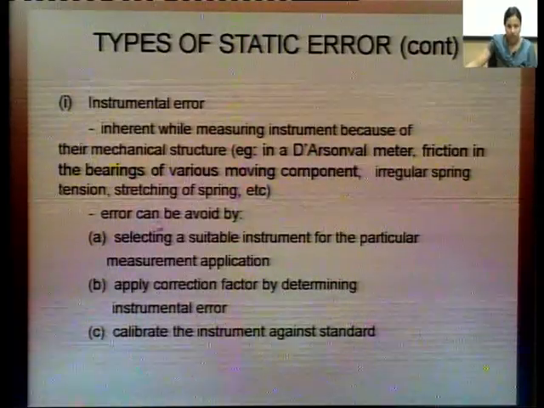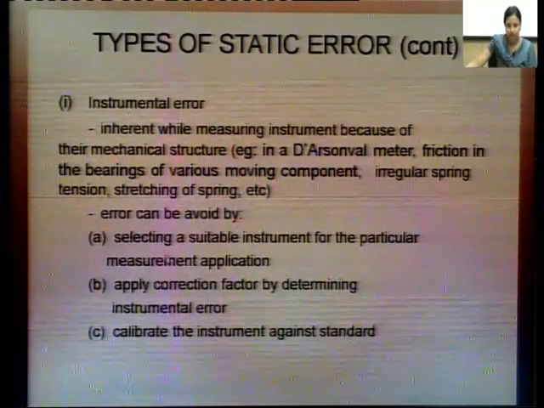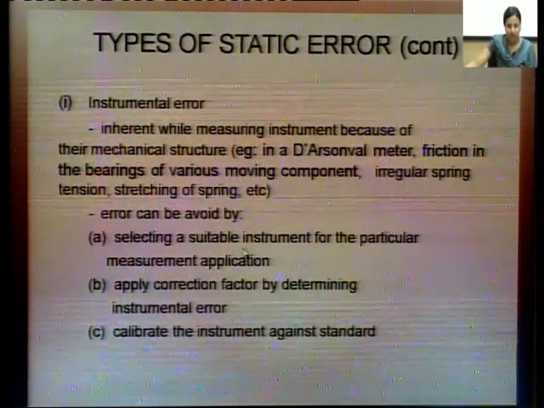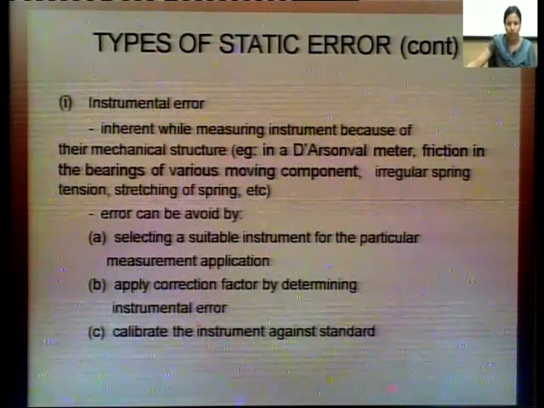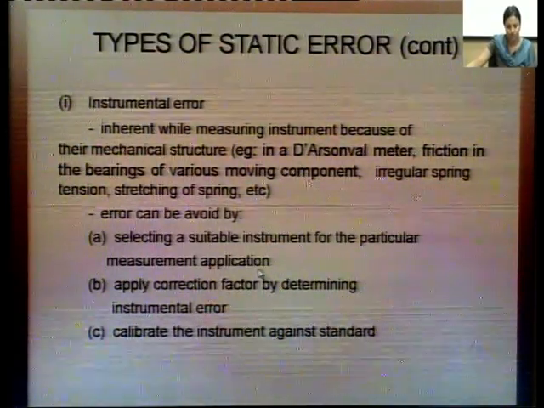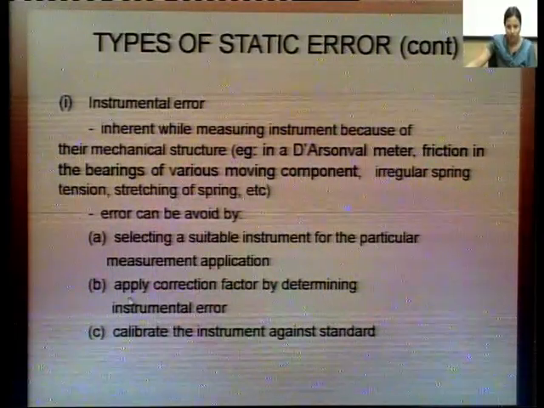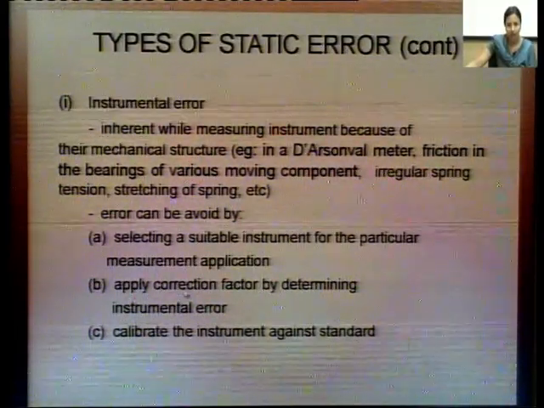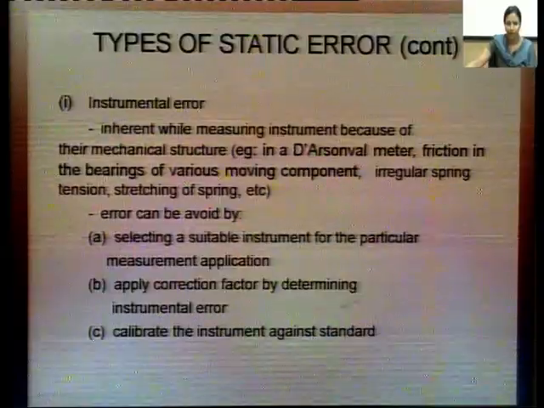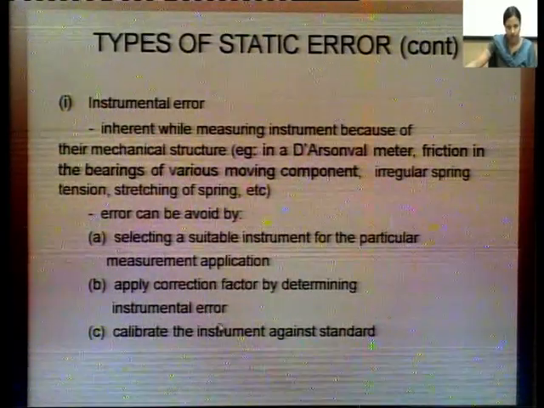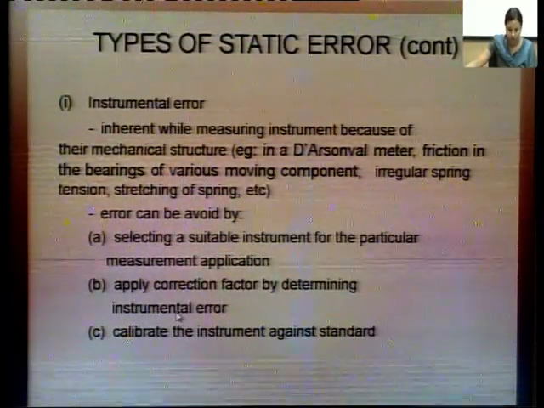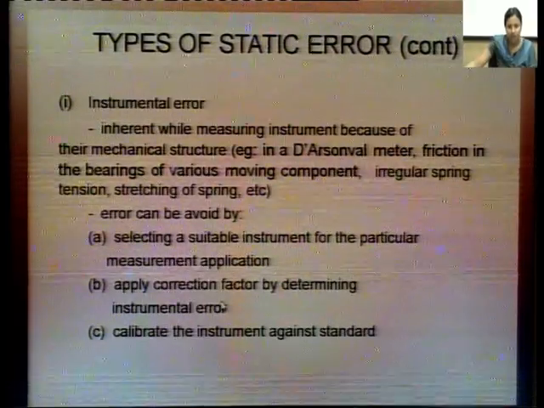This error can be avoided by selecting a suitable instrument for the particular measurement application. Second, it can be avoided by applying a correction factor by determining the instrumental error. If we know the instrumental error, then we can always apply some correction factor.